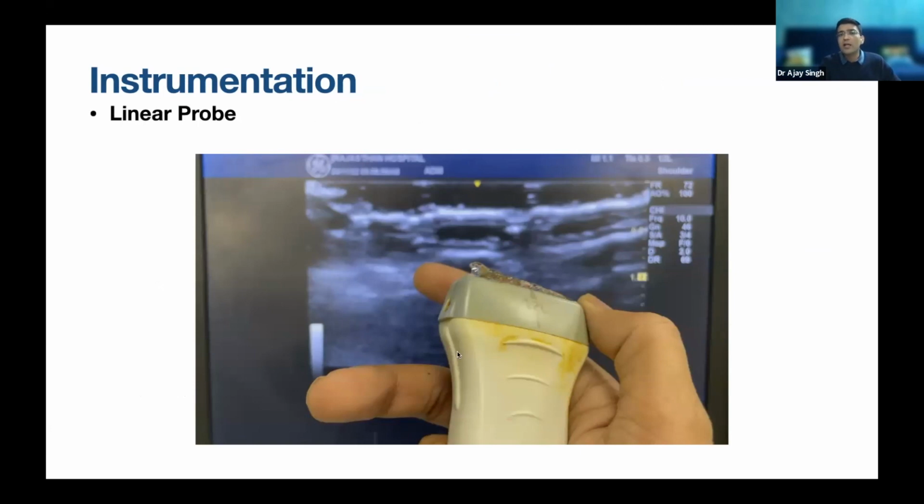The ultrasound probe has a marker which helps us align it with the screen on the ultrasound, and before starting the case, we should first take the proper alignment of the probe with the ultrasound screen.